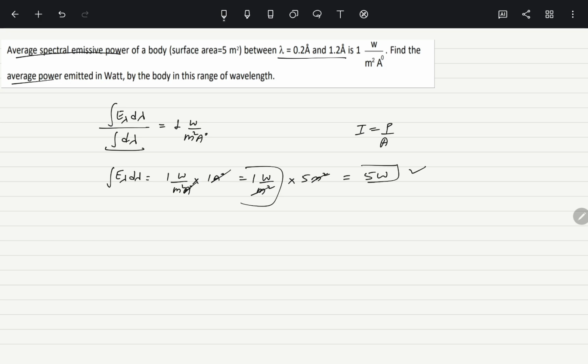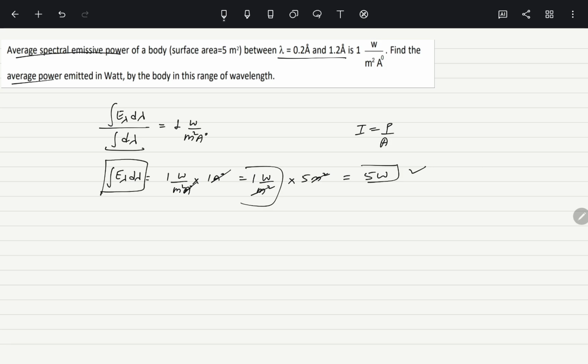So that's straightforward. Okay, so I hope you understood this thing, average power, which is intensity multiplied by area. Clear? Okay, because this is intensity only, right?